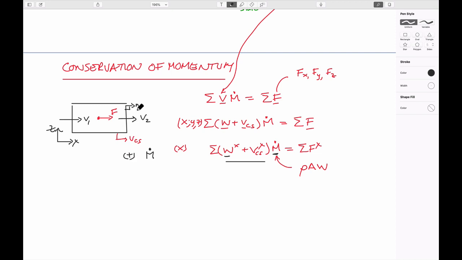It's in the same direction as the unit normal. And because this is into the volume, this is negative. But for both the velocities of the control surface and the velocities relative to the boundary, these would both be in the coordinate directions, these would both be positive. And so we need to be aware of that difference in sign convention that accommodates that.